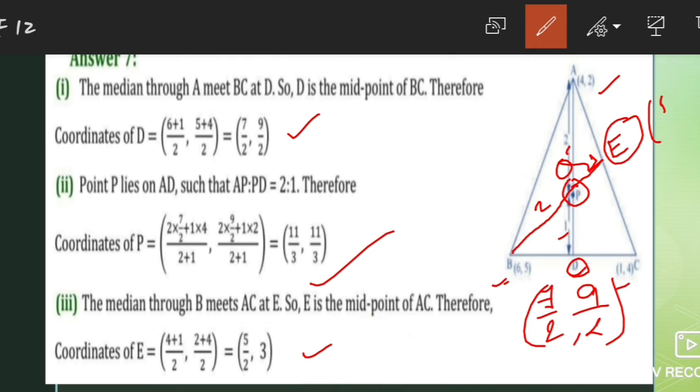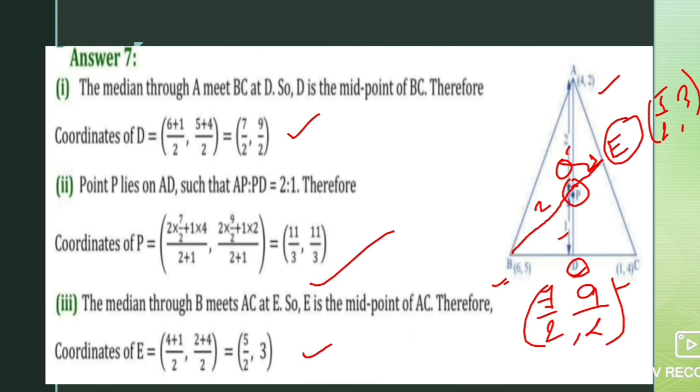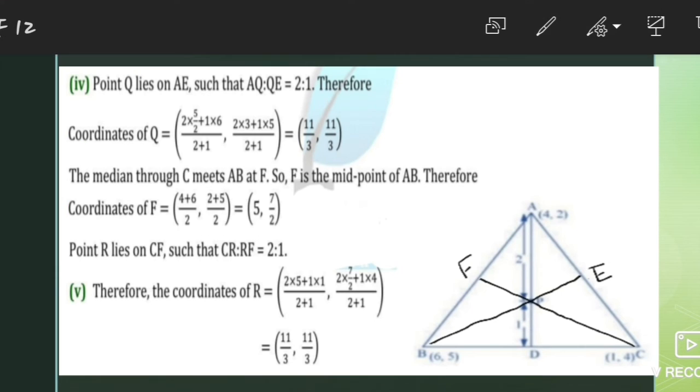E is 5/2, 3, and point Q divides the BE line in a 2:1 ratio. So again by the section formula you can find the coordinate of Q. The coordinate of Q will be 11/3, 11/3.